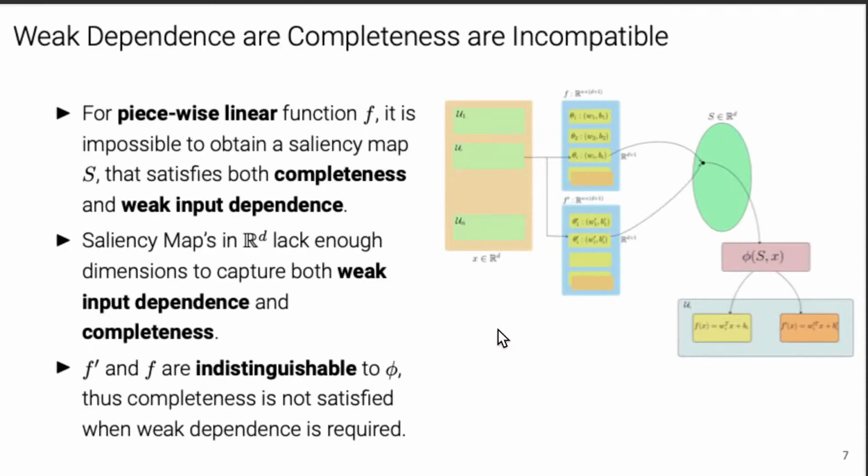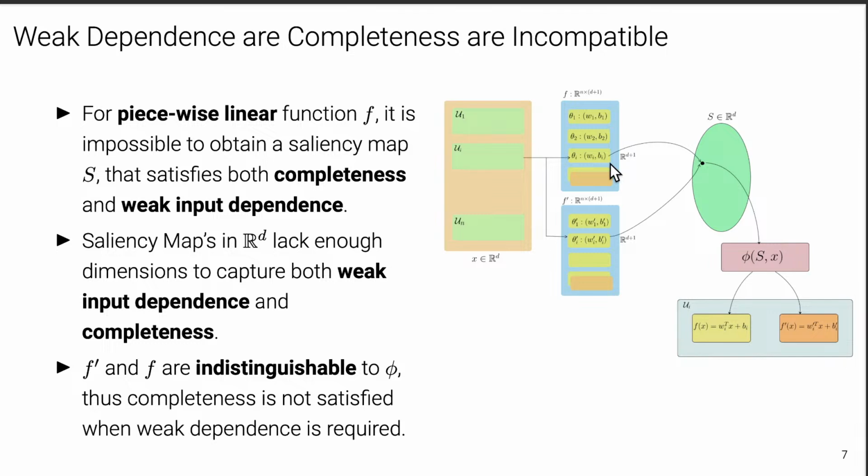Inside one of these regions, the weights will be d-dimensional, and the bias will be one-dimensional. So the number of parameters you need to describe the behavior of the network in this region will be d plus 1.